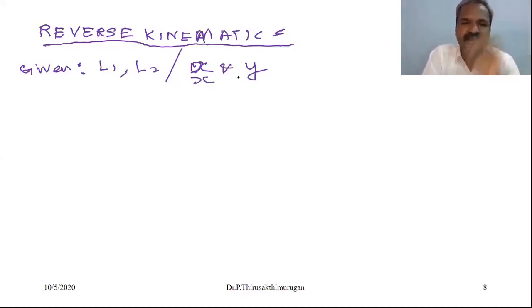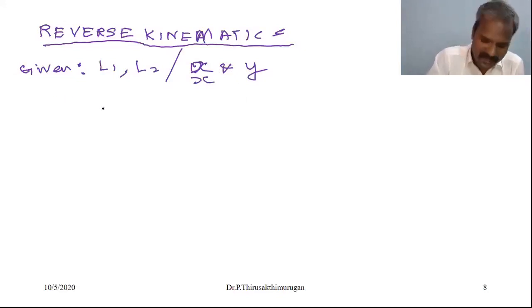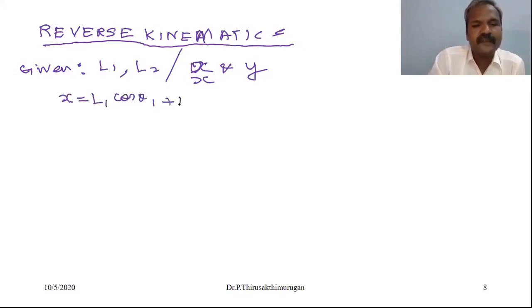How to find it? Given is x and y. We have already determined the solution for x: L1 cos theta 1 plus L2 cos of theta 1 plus theta 2.